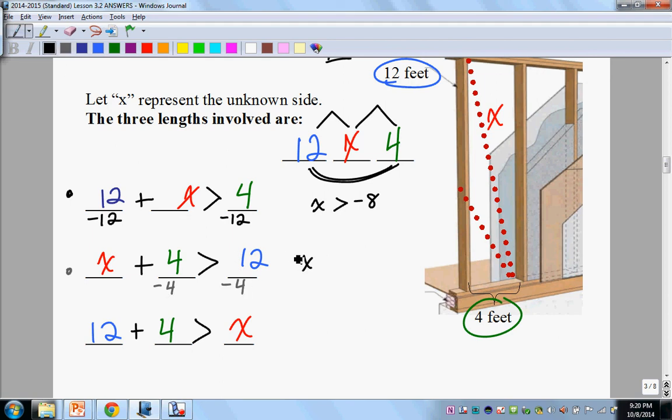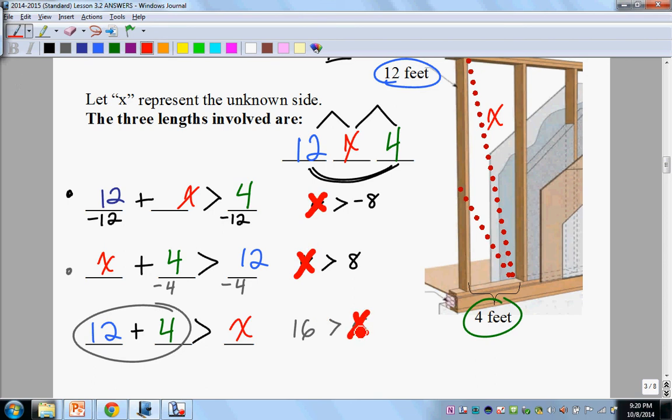In this case, X is greater than 12 minus 4, which is positive 8. And the last one, you don't have to clear X. X is already by itself. You just add 12 plus 4, and we get 16 is greater than the value of X.